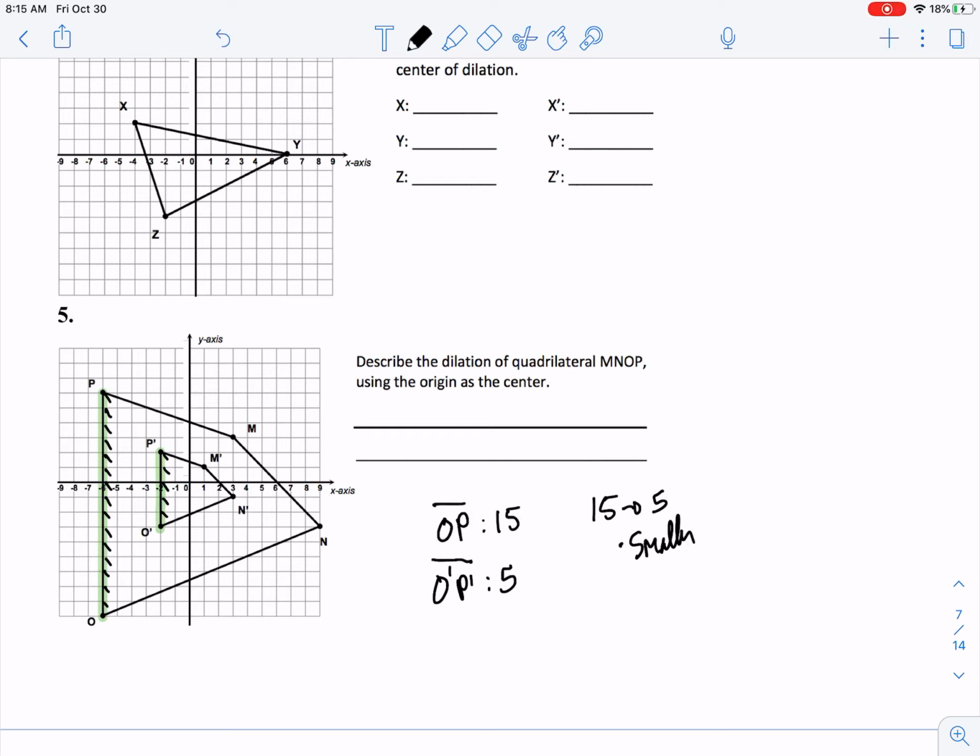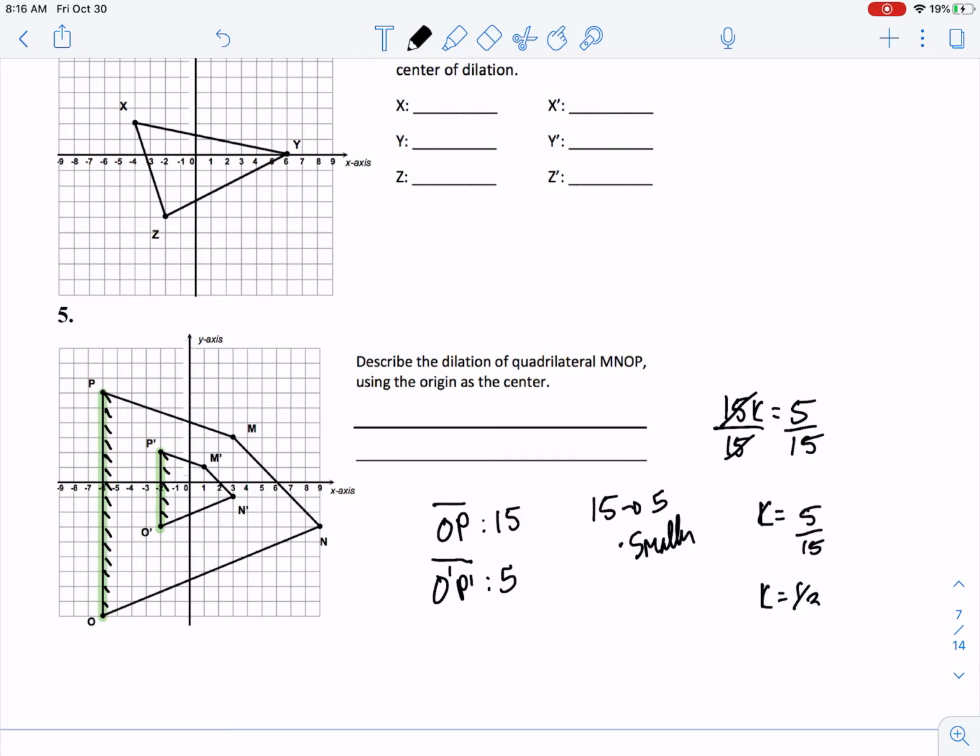Okay. So 15K is equal to 5, and then just solve for K. So I would divide by 15 on both sides. And then K is equal to 5 over 15. Reduce it.